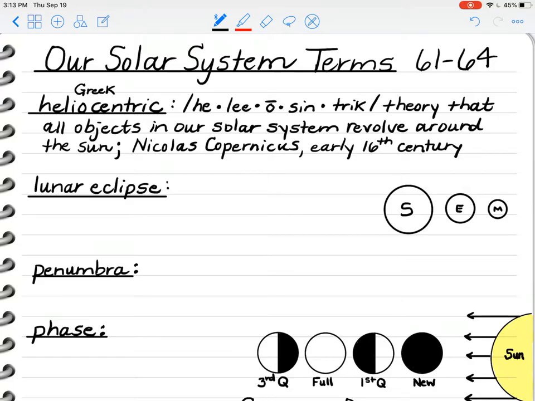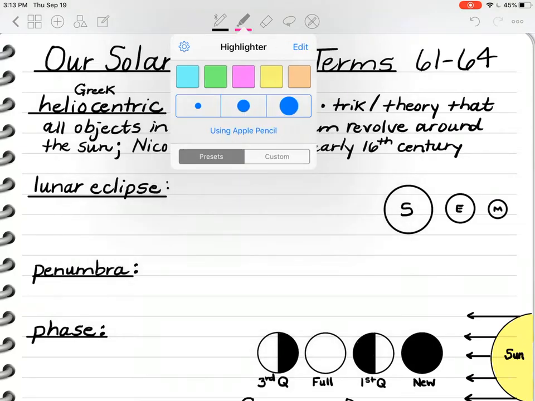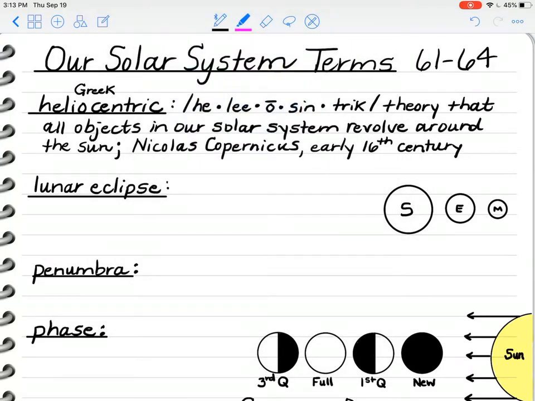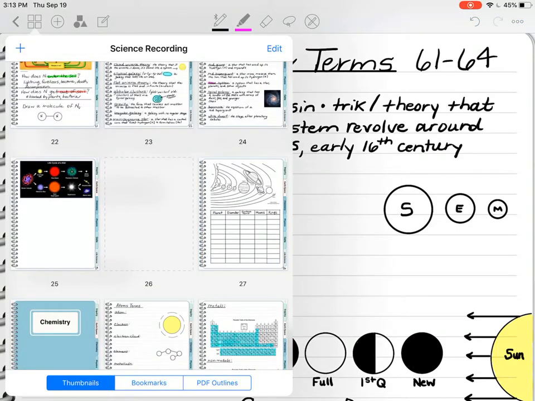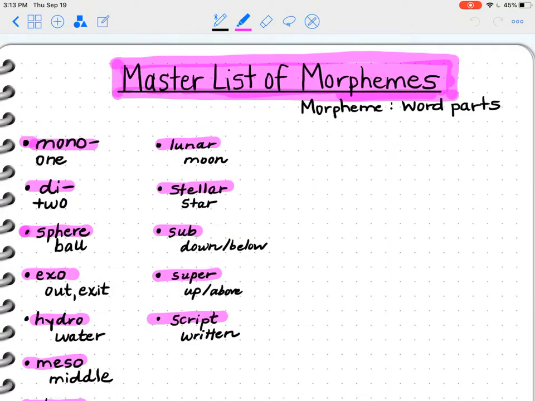A lunar eclipse. I think we might have already done this, but lunar is a morpheme. Let's be sure that we have lunar on the morphemes page. Yes, lunar is moon.